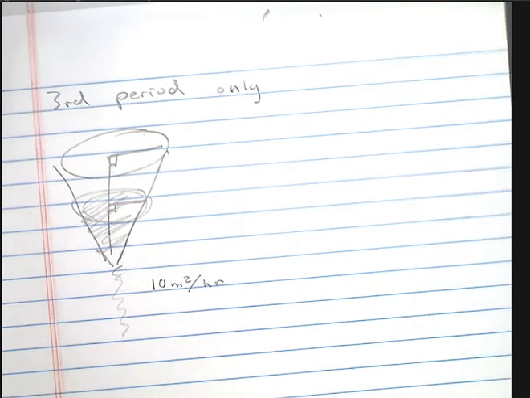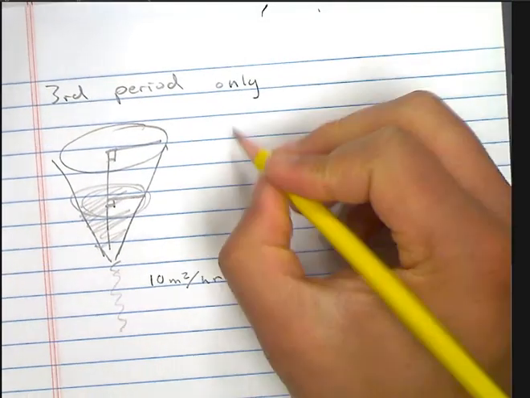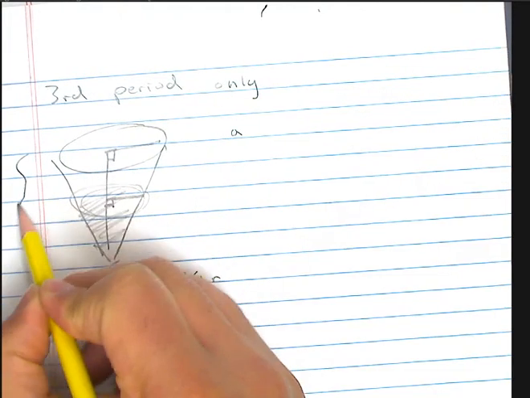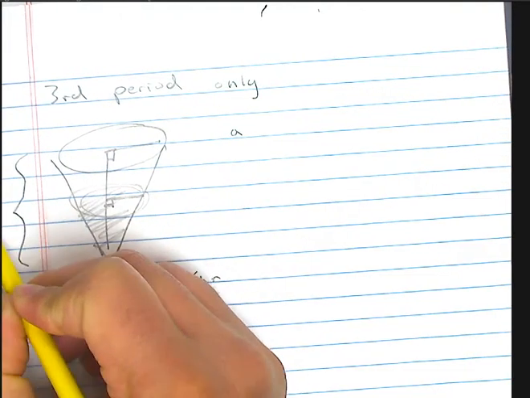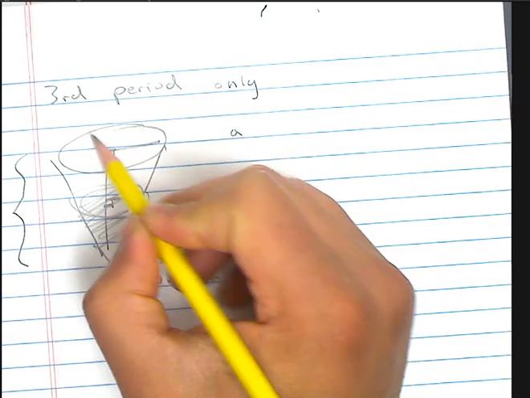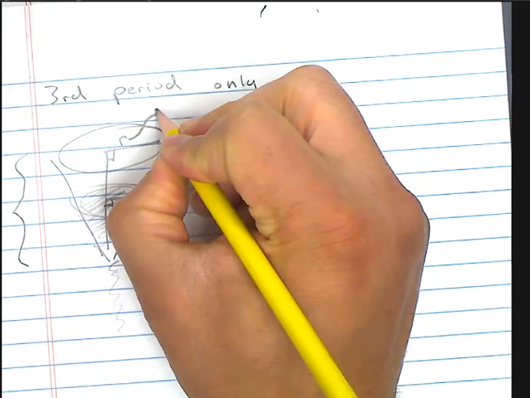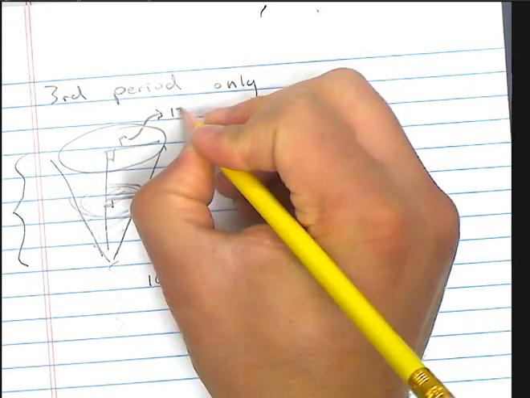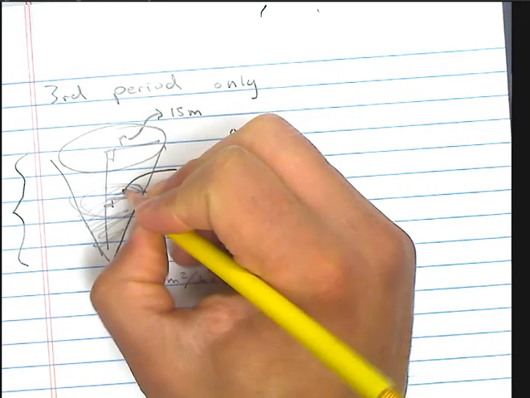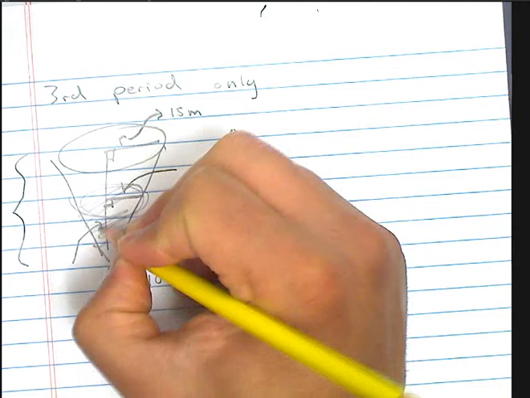And what we're going to do is, let's say this is 50 meters high, and let's just say R is equal to 15 meters. And of course you have the new R, the new H of your water level.